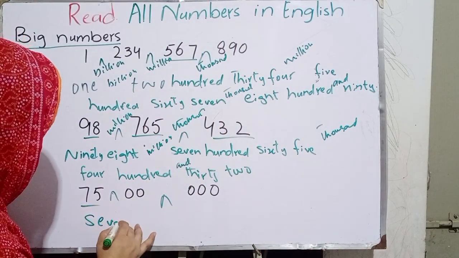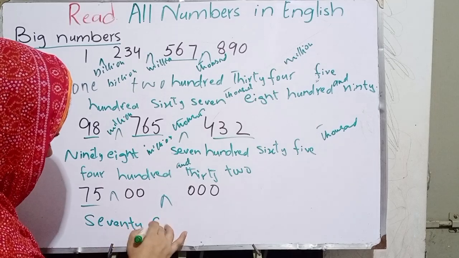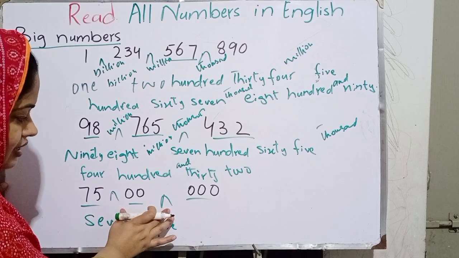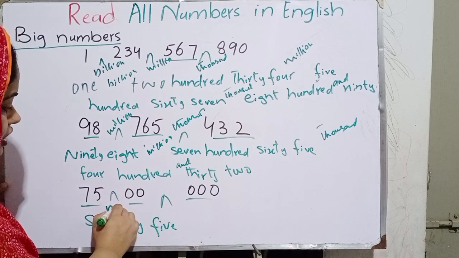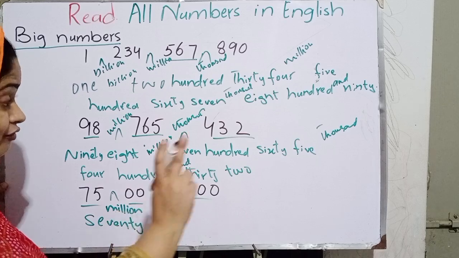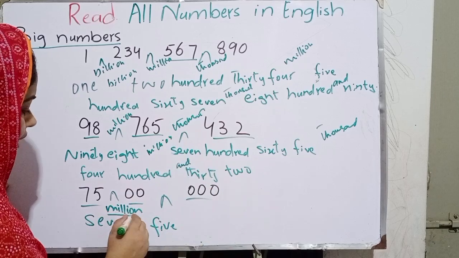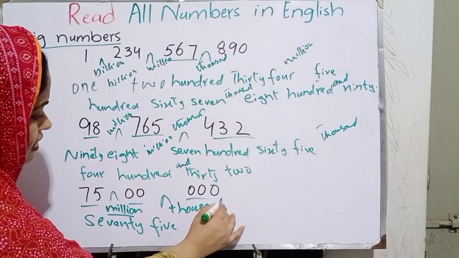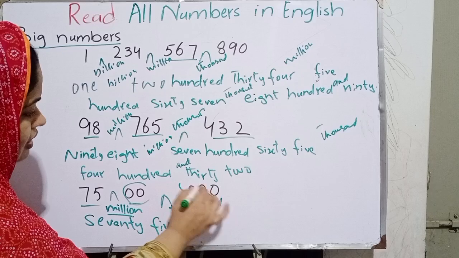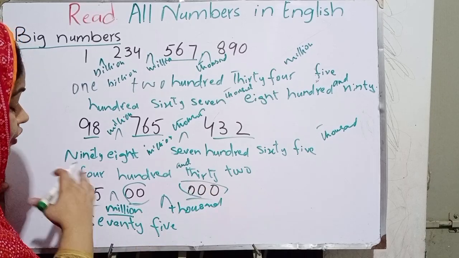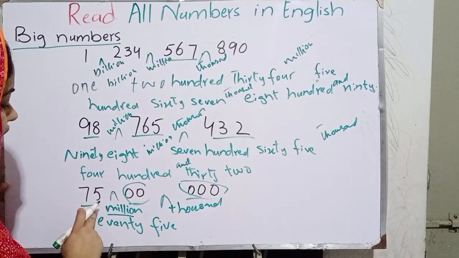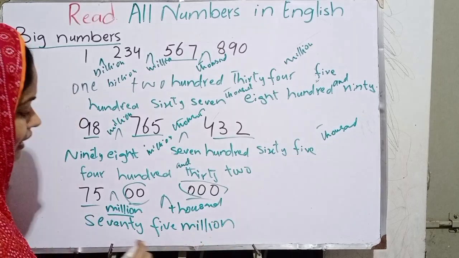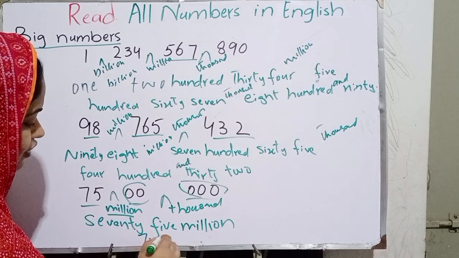75. Now 0 0 0 75. Now you have to understand there are two gaps. If there are two gaps, the first gap is million, the second gap is thousand. Now you have to understand that there are zeros, and we don't pronounce them. We would only say 75 million.